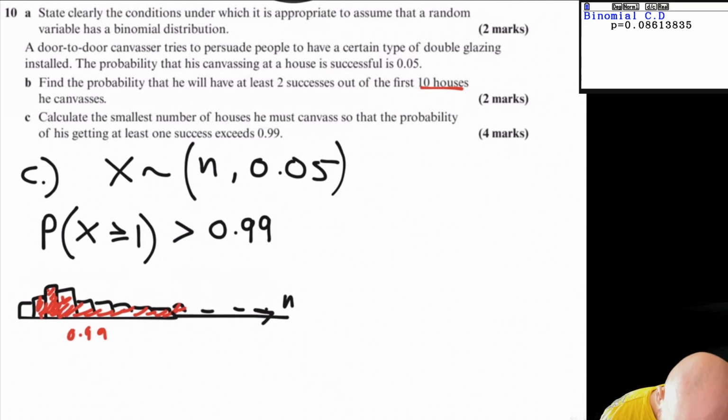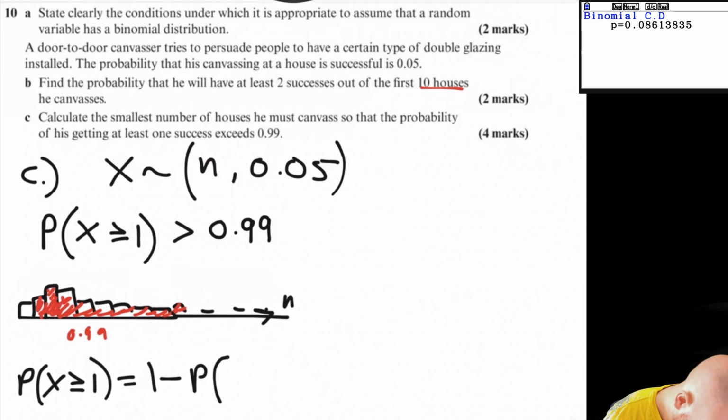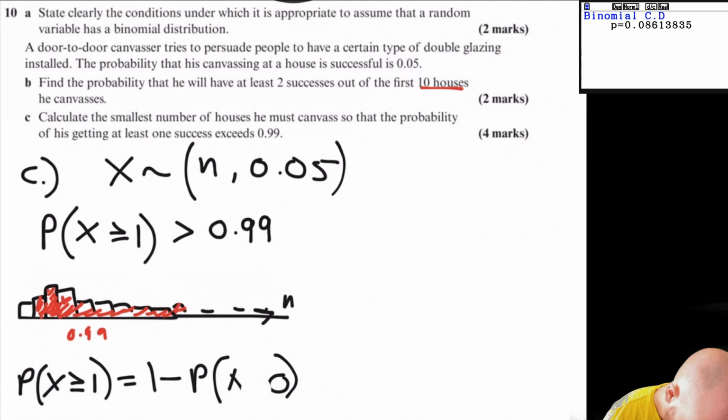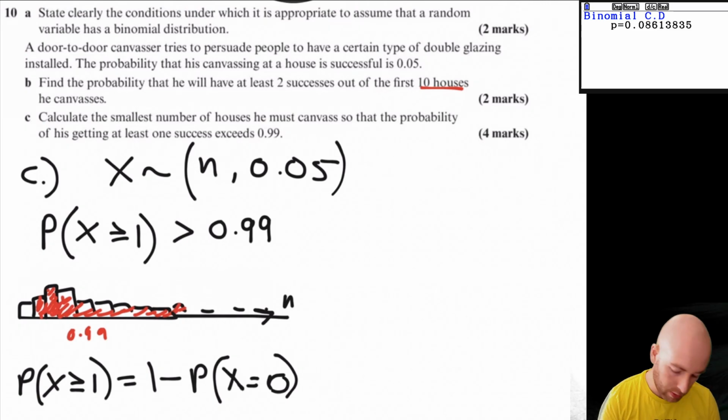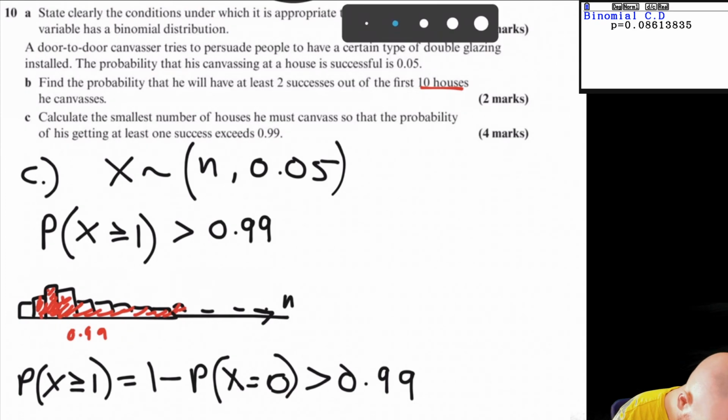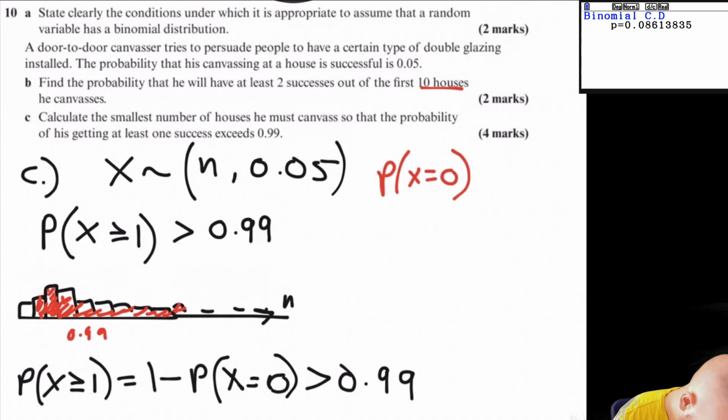Greater than or equal to 1 is the same as 1 minus the probability X is less than or equal to 0. So we're going to use that instead. You can't be less than 0, so I'm going to change that to say X equals 0. So 1 minus the probability X equals 0 needs to exceed 0.99. And I can rearrange that to get the probability X equals 0 has to be less than 0.01.